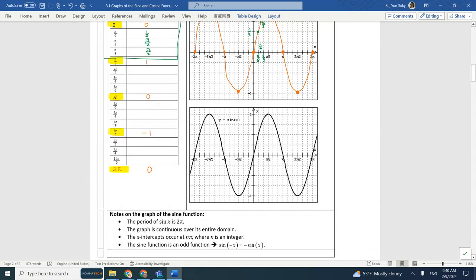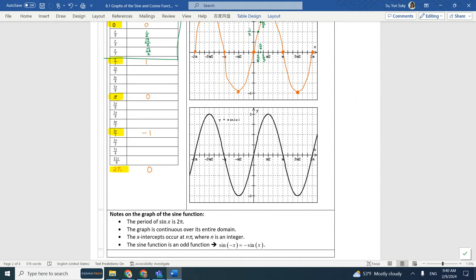We have here 0, this is pi, 2 pi, minus 2 pi. So the x-intercept occurs at n pi, where n is an integer.